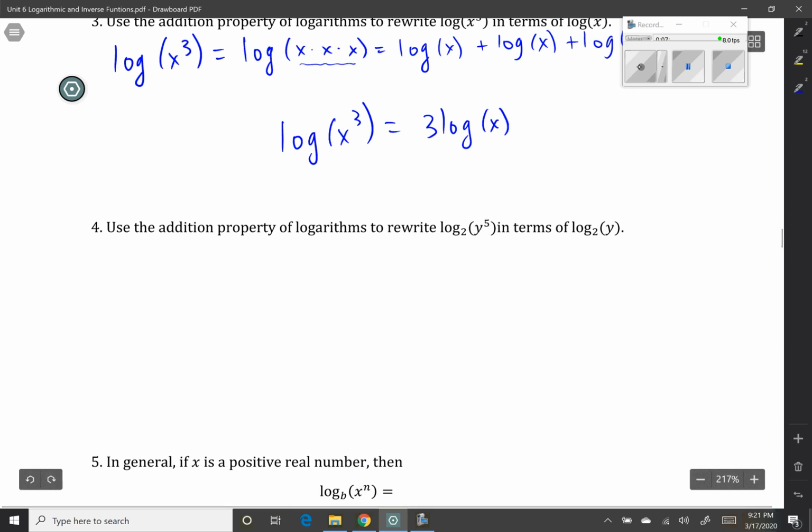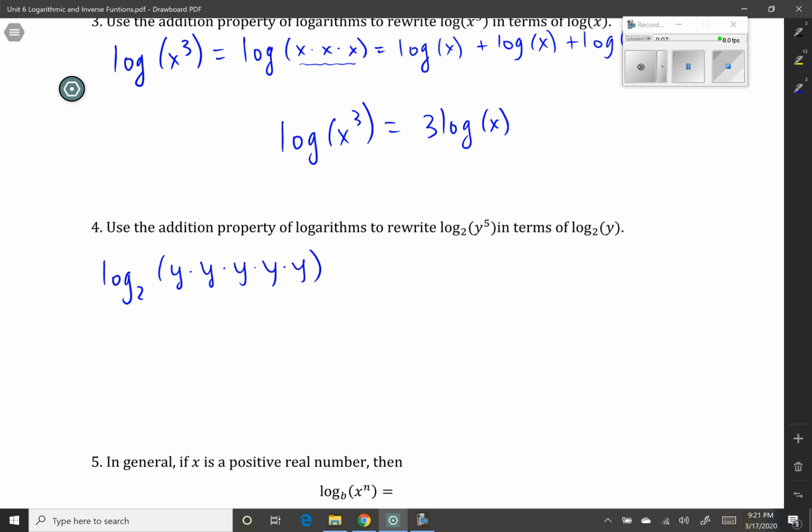Let's try one with the base of 2. So log base 2 of y to the fifth is going to be log base 2 of y times y times y times y times y. Well, since all those y's are multiplied, I can make them all added together.